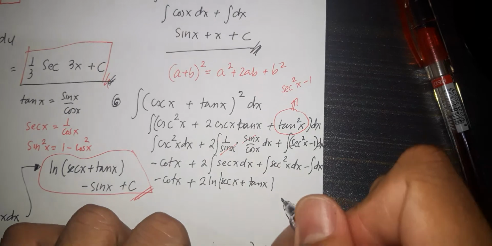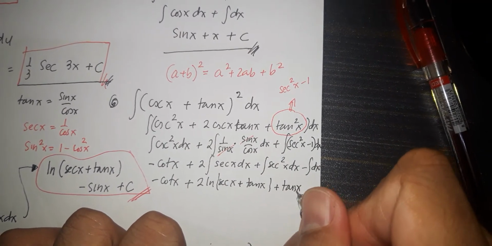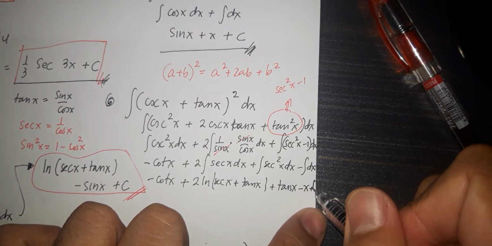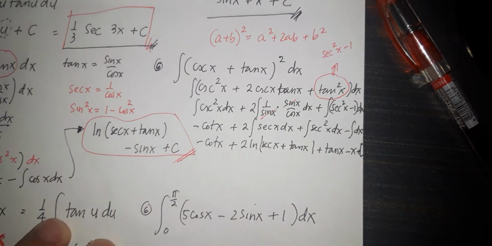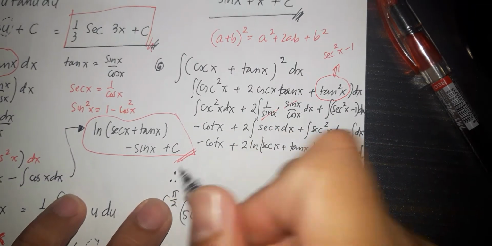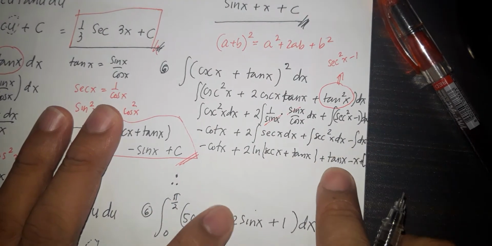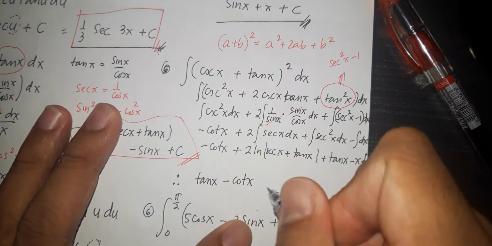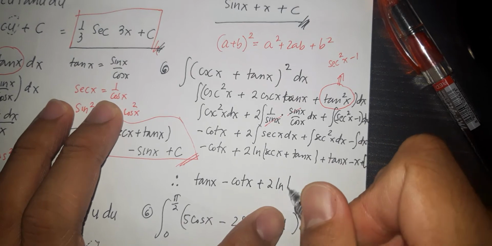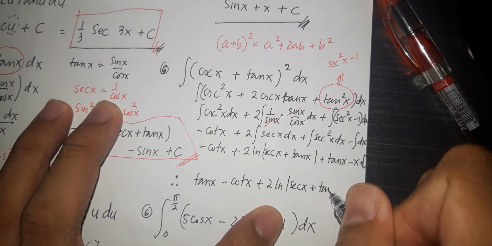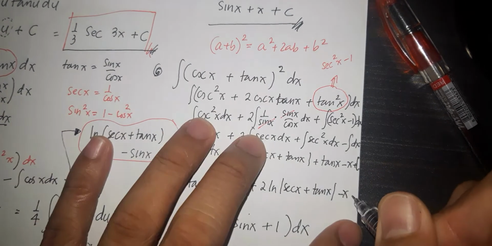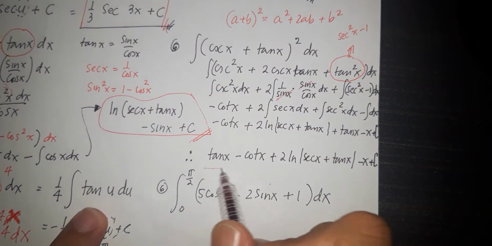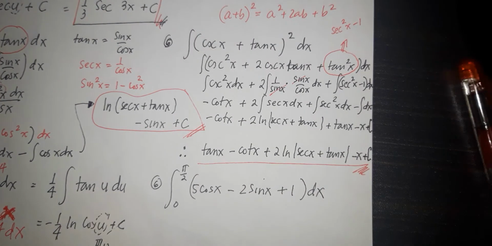Integral of secant squared is plus tangent x minus integral of dx is x plus an arbitrary constant c. So, therefore, our answer is, unahin natin yung positive, tangent x minus cotangent x plus 2 ln of secant x plus tangent x minus x plus an arbitrary constant c. So, that will be our answer.